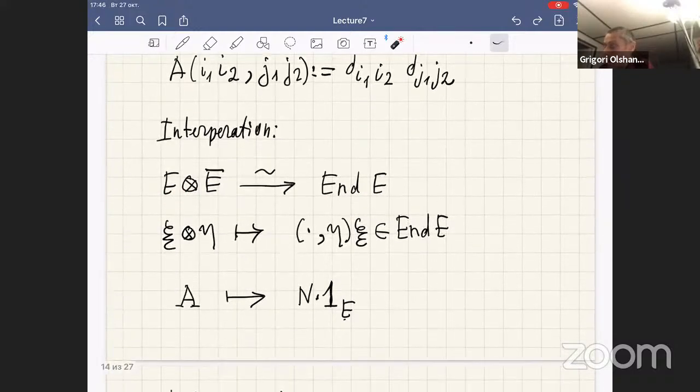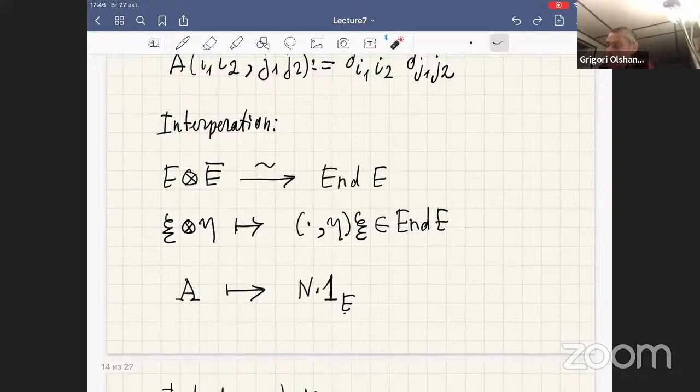And now what do we get? We get some operator on this space. And these operators transform a given operator A to a scalar multiple of the identity operator. So this is essentially a projection multiplied by this... no, it's bad.